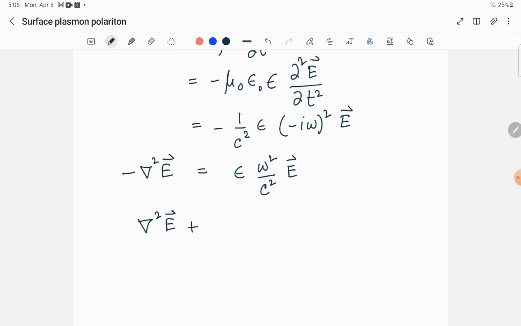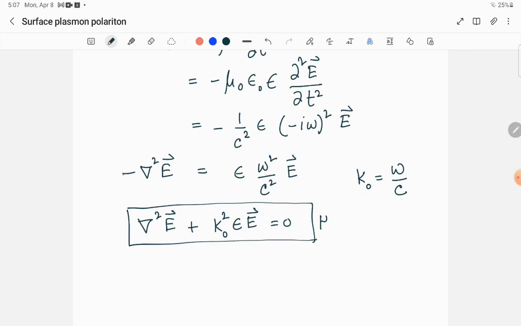So omega square by c square can be replaced by k0 square, k0 being the free space propagation vector given by frequency by velocity c. So k0 square epsilon E. So this equation, as we have it, is called the Helmholtz equation.